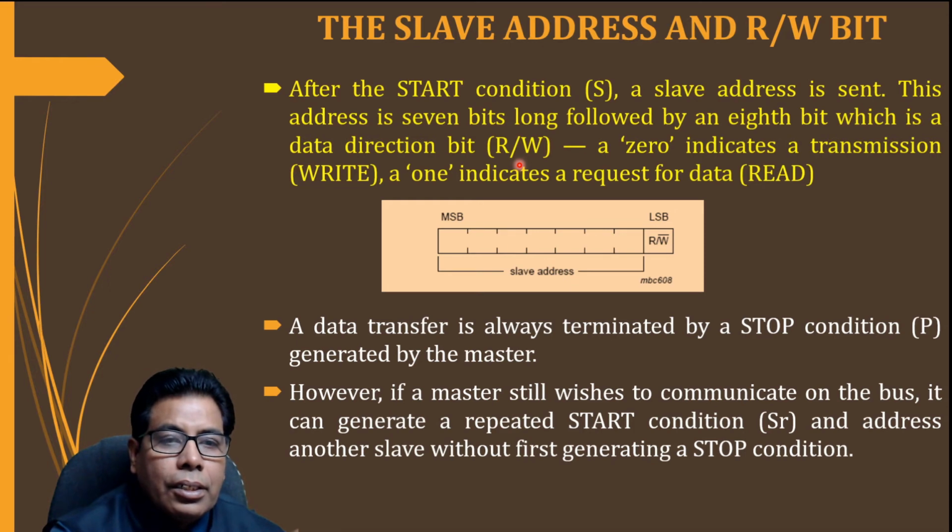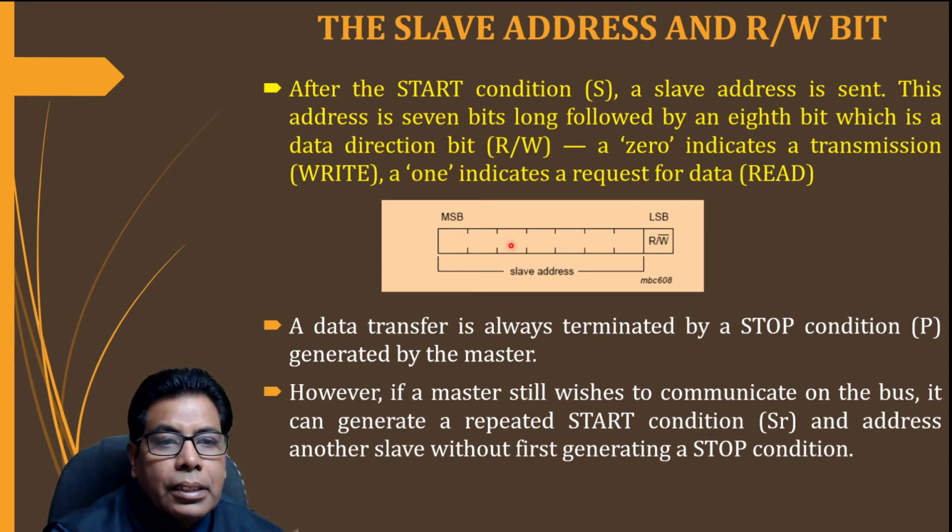So if it is 0, it will indicate a write or transmission, and if it is 1, it is for the read operation, or it will be the request for the data. So you can see this is the MSB, then the other bits will be there.